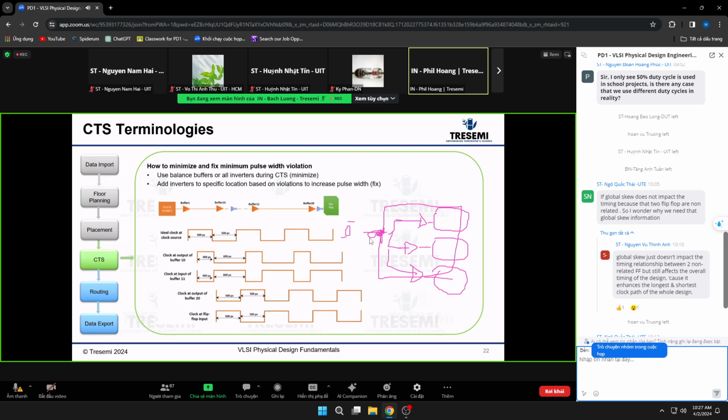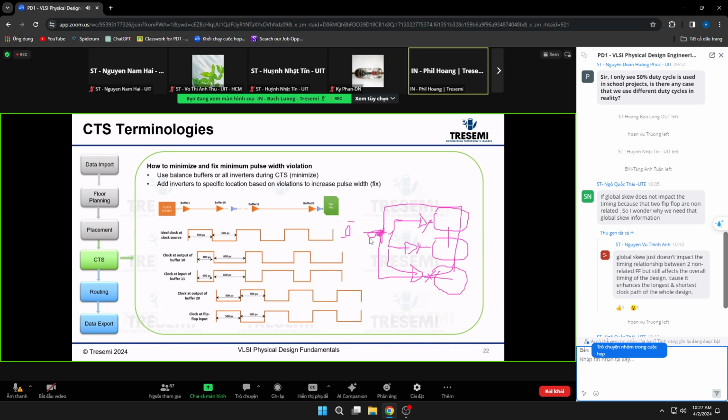The tool will break all these things based on your skew group definition, and it does a much better job than doing it manually. If you create a clock here and here and here, first of all, you need to make sure that there's no path between them, otherwise you put a synchronizer between them.